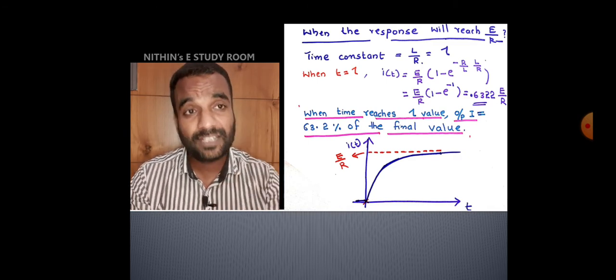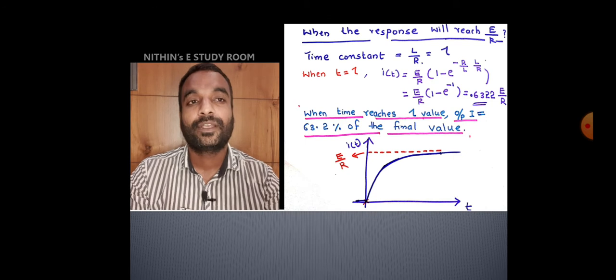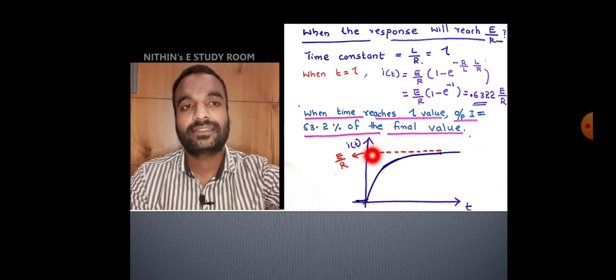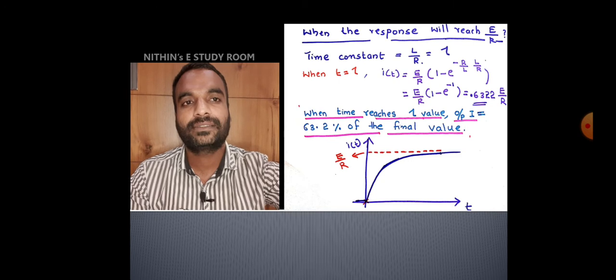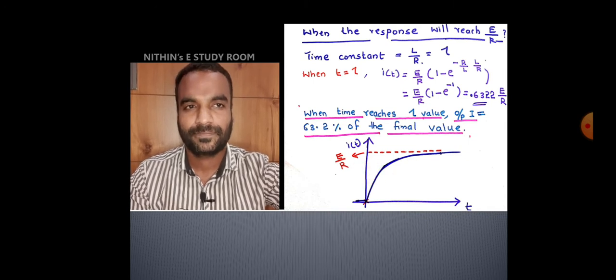But for that value, your output will reach 50% of the final value. If E by R is the final value, its 50% will be lying here somewhere. So it will reach this 50%.